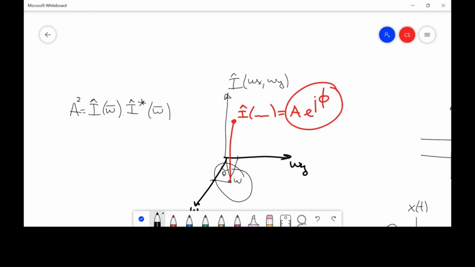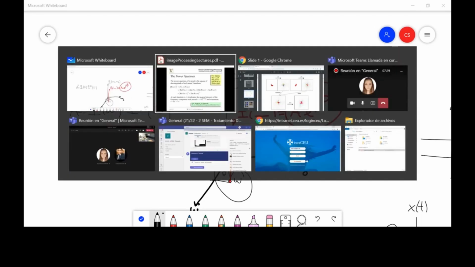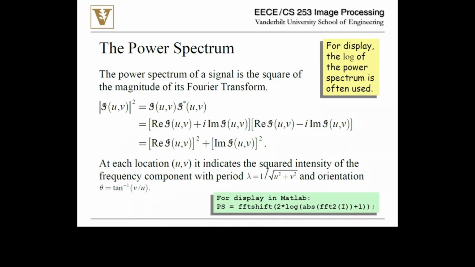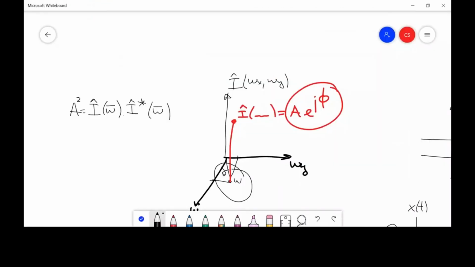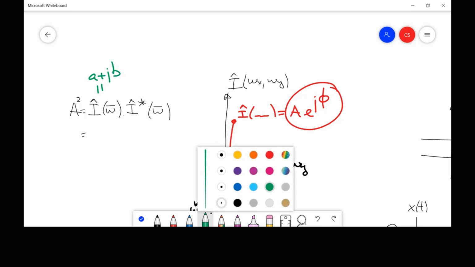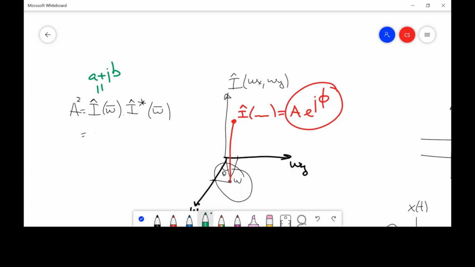Simply, if I is equal to A plus JB, a generic complex number, then this is A squared plus B squared.